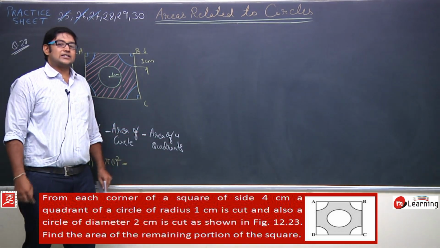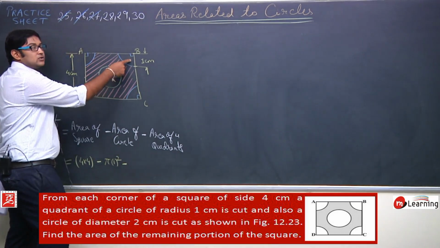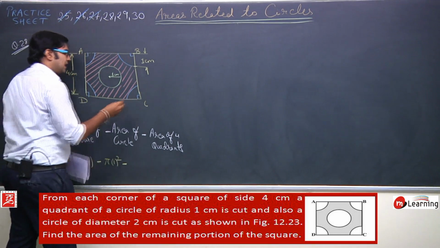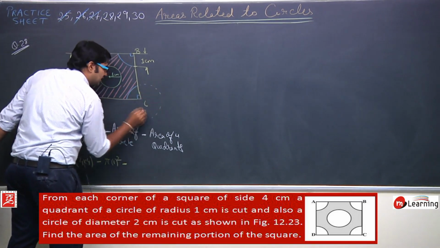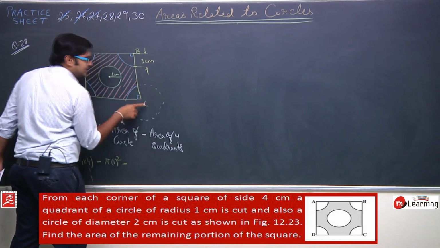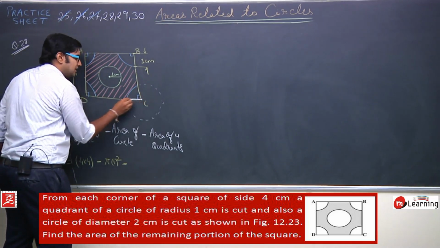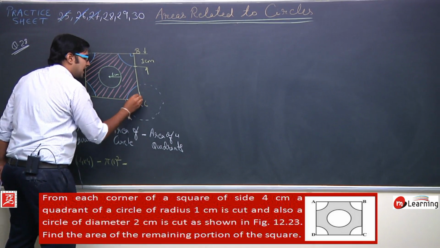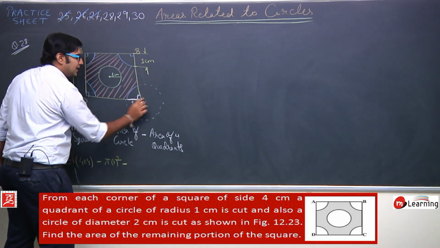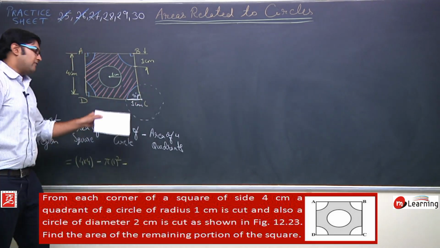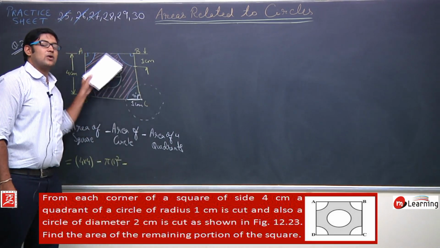area of 4 quadrants. Now, how to calculate the area of this quadrant? This quadrant or this quadrant, they look like a sector of a circle. Quadrant is what? It is a sector of a circle with this center, and the radius of this circle is 1 centimeter, and the angle subtended by the two radii of the circle is 90 degrees. Okay, so we have 4 of such quadrants.